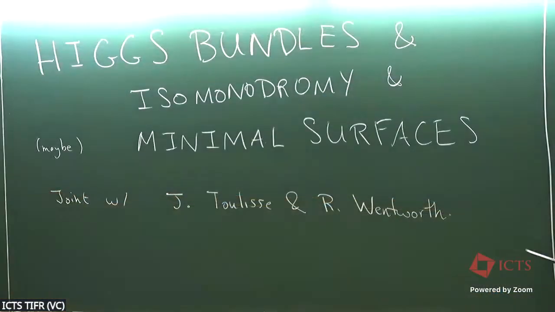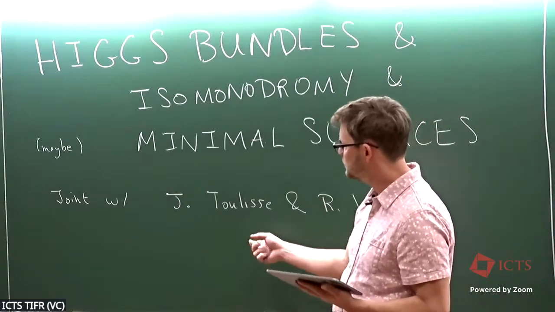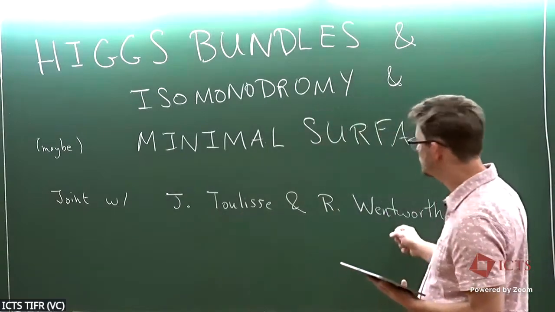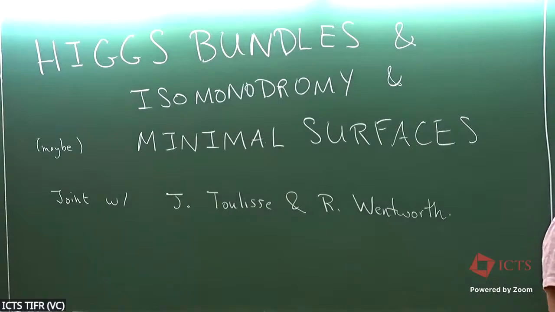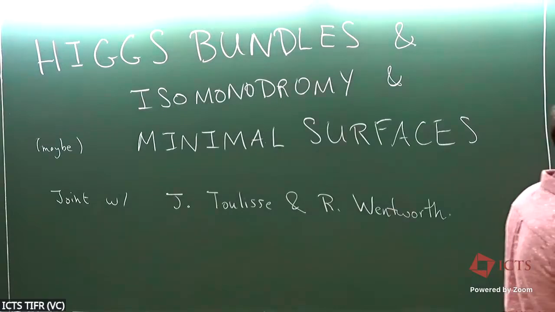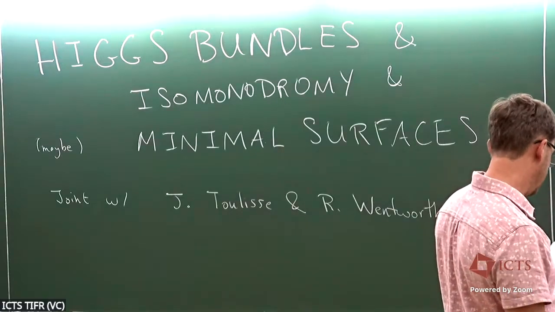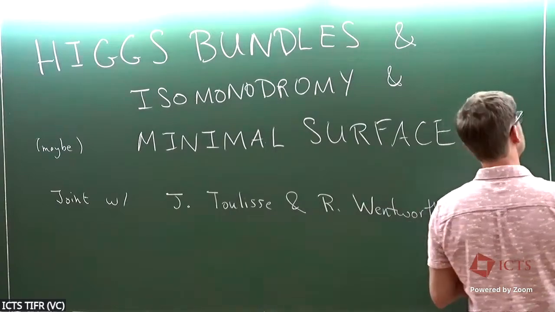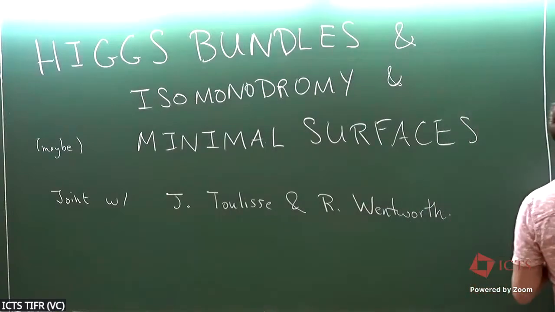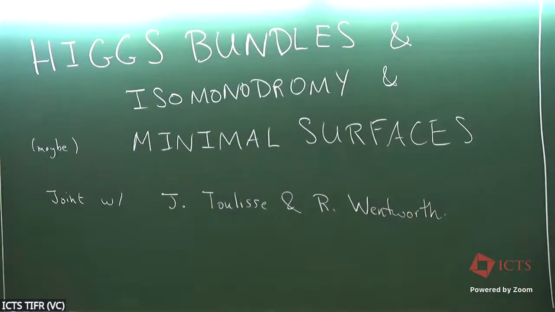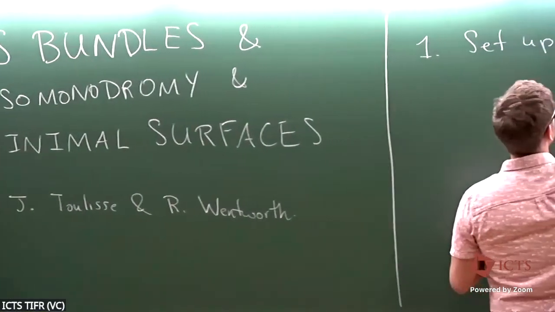Everything I'm going to say that's new is going to be based on some recent joint work with Jeremy Toulis and Richard Wentworth. I'm going to start by just giving an outline of the types of things I'm going to talk about. So I'll start by setting up things and giving an overview.